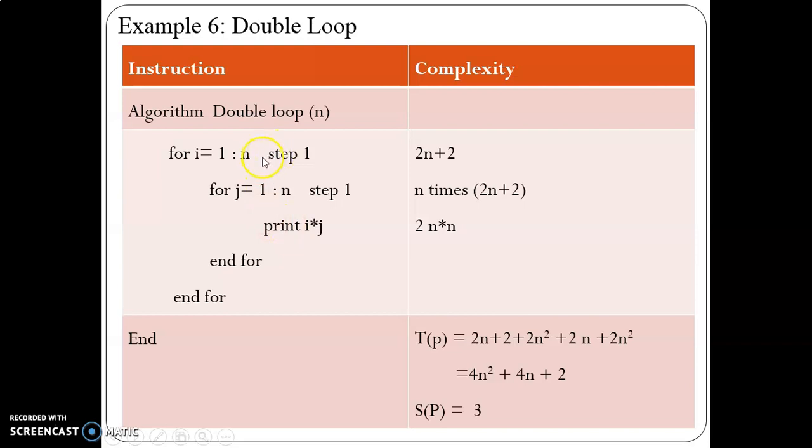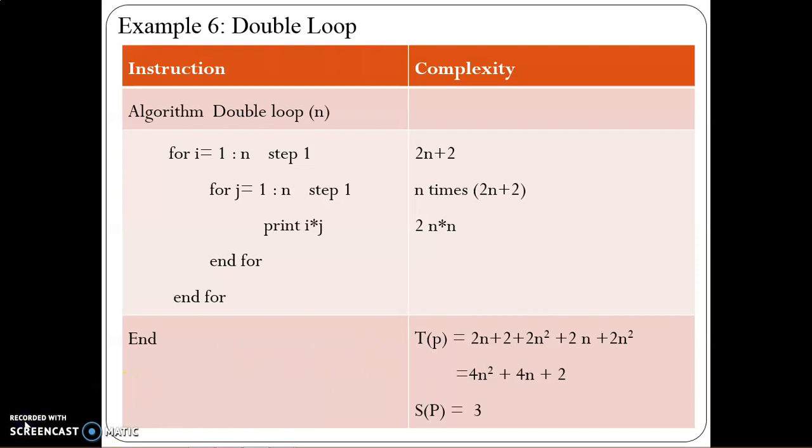Now this outer loop is going to run n times, inner loop is going to run n into n times. So this particular statement will get executed n into n times, so it is 2n square. So what is the total complexity? 2n plus 2 plus 2n square plus 2n plus 2n square, which comes out to 4n square plus 4n plus 2.